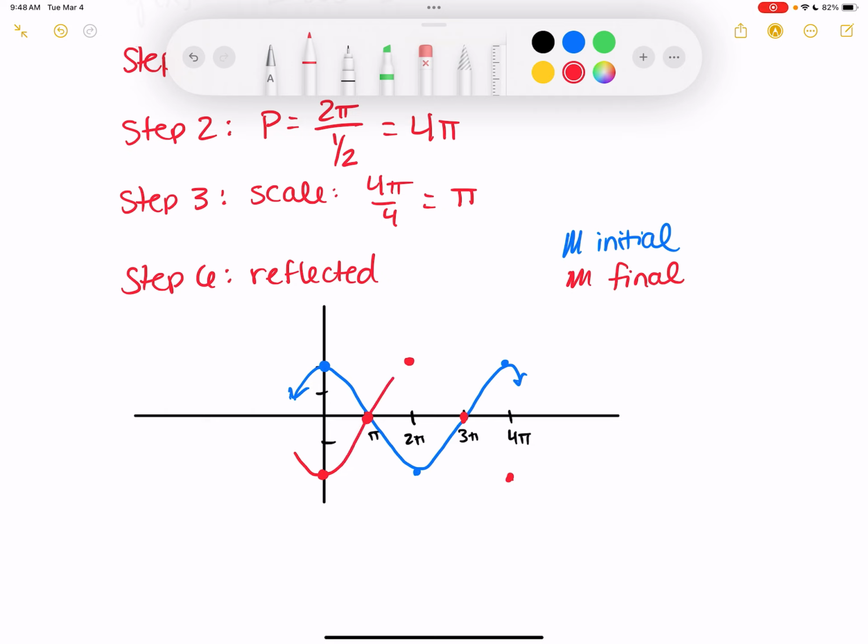and I connect. Now, if you're using pencil for everything and you're not switching colors, then what you need to do is come over here and point to which one is your final. I'm not going to sit there and try to guess which one you think is the final, because some people think that the graph that I just did as the reflected is what the initial looks like. So I'm not going to try to guess.